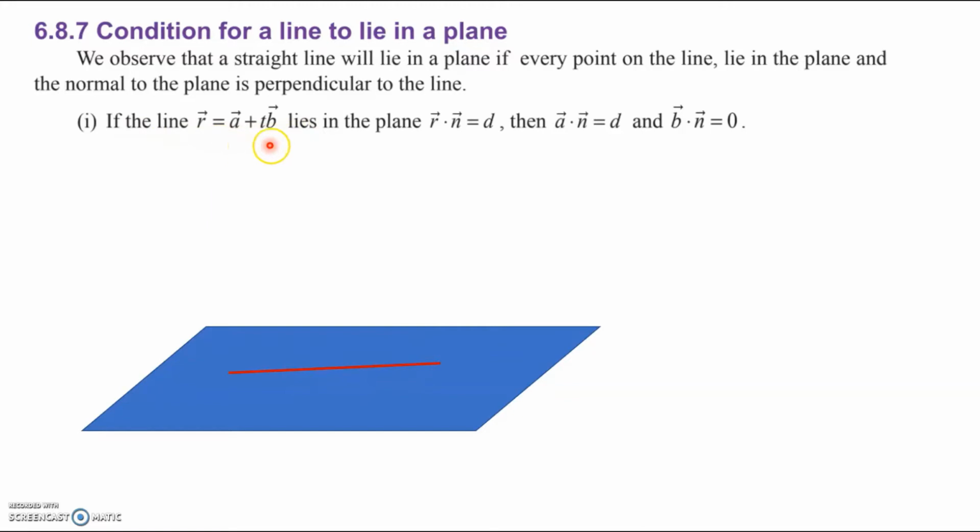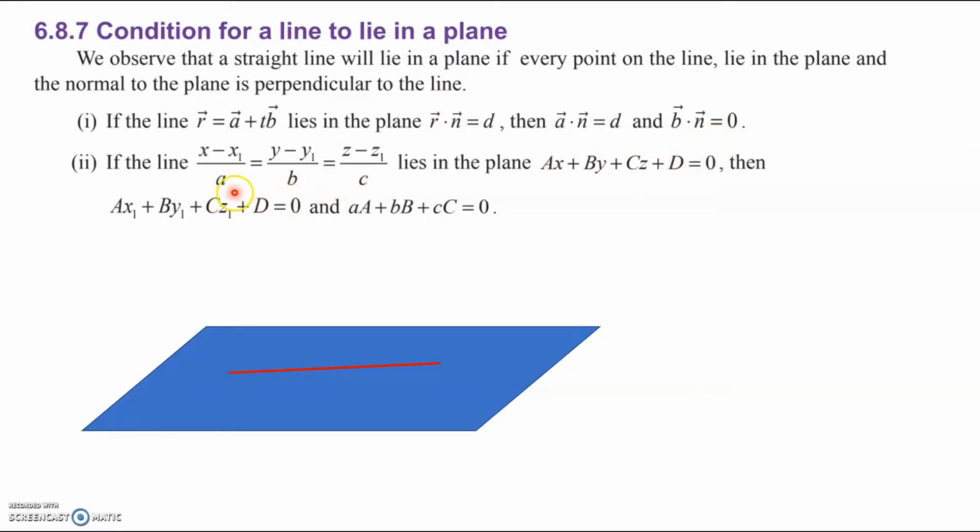So, if the line R is equal to A plus TB vector lies in the plane R dot N vector is equal to D, again you know this, that R is the position vector of any point on the plane and N is the normal to the plane and D is the distance of the plane from the origin, and A dot product with N is equal to D. So, if this is the plane and this is the line, then the condition is A dot product with N vector is equal to D and B dot product with N vector is equal to 0.